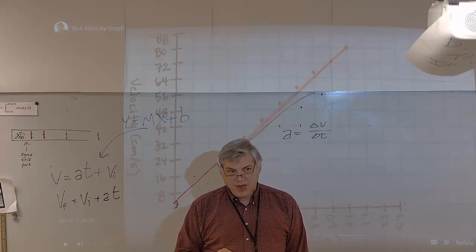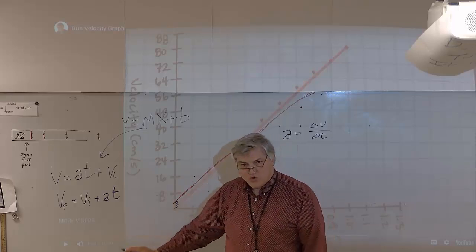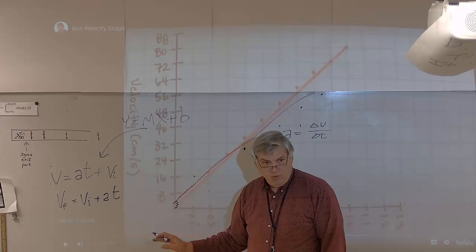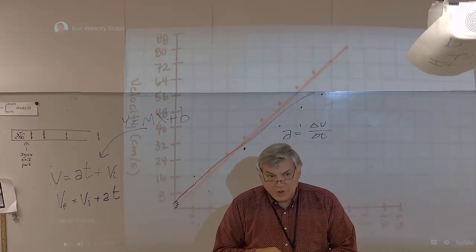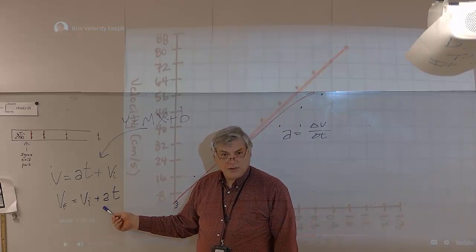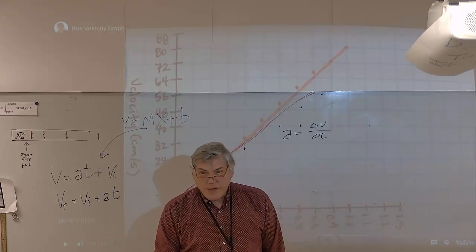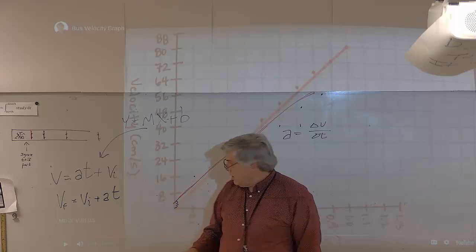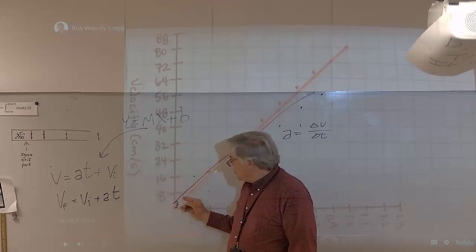Okay? So not only does the line that you draw not go through 0, 0, I don't expect it to, and our equation says that it probably shouldn't. By the time we collect that first data point, our bus is already moving, which means it has an initial velocity, which is what that intercept is.